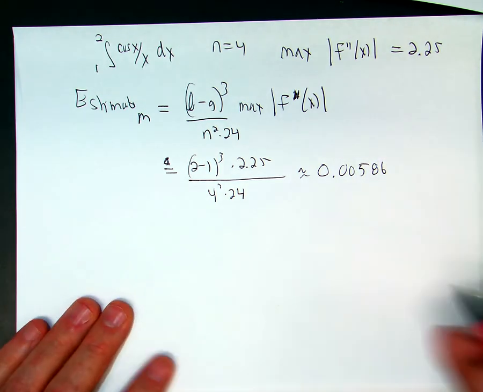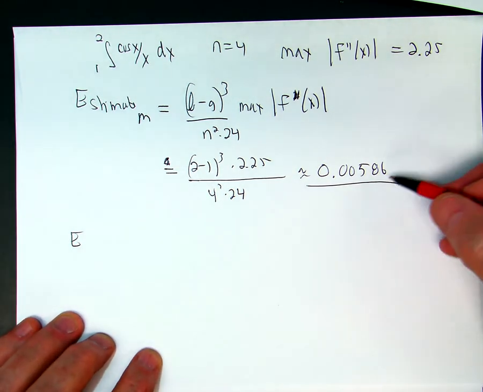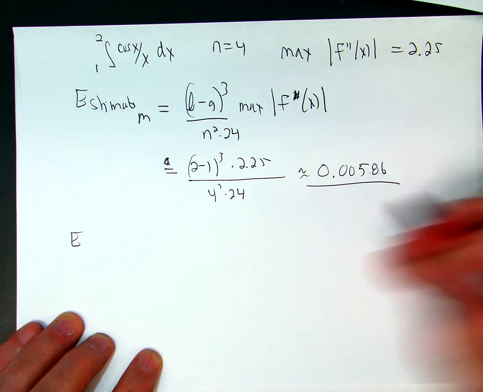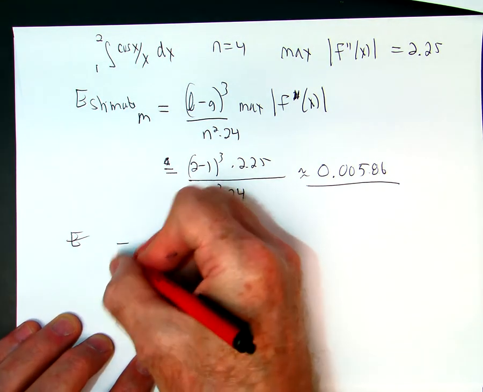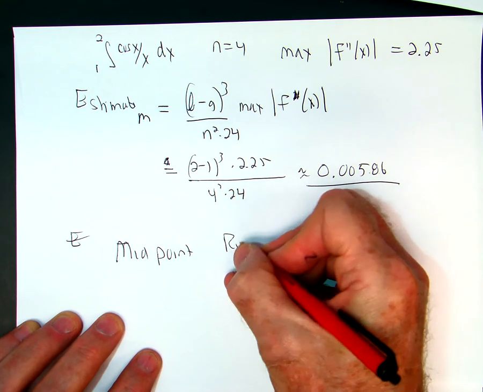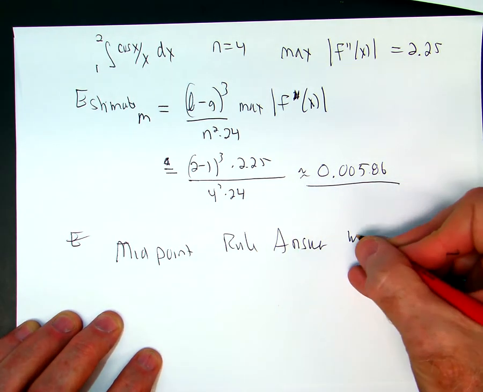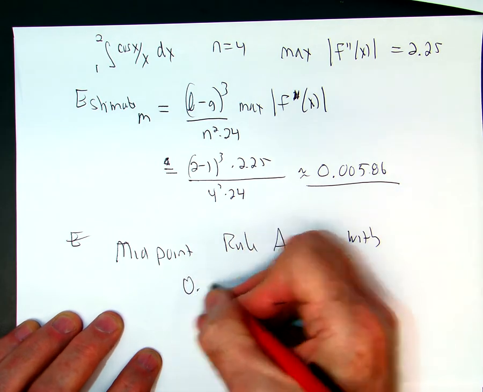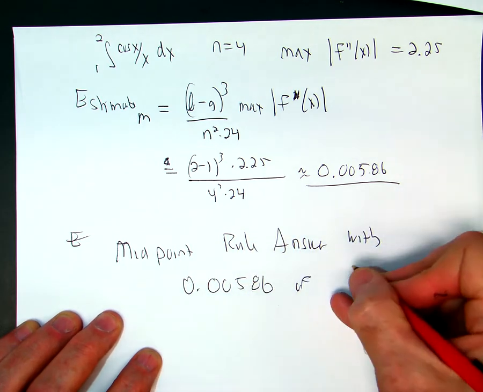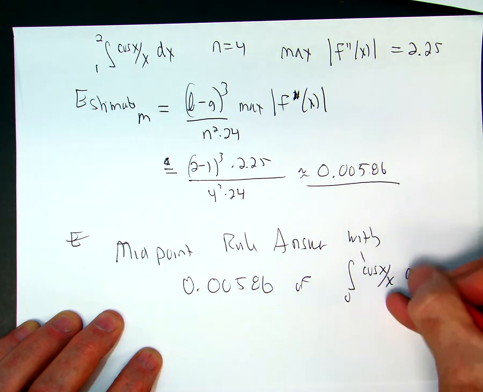So in other words, I know that my midpoint rule answer is within 0.00586 of the true answer, which is pretty close.